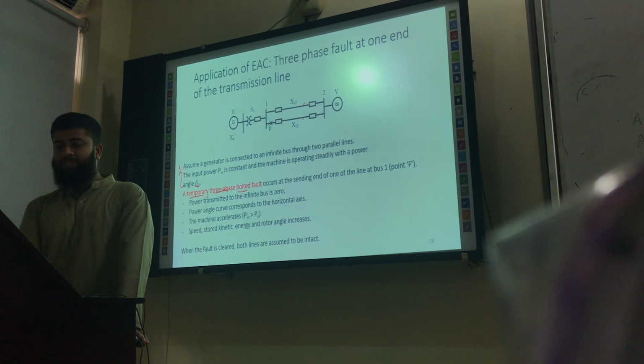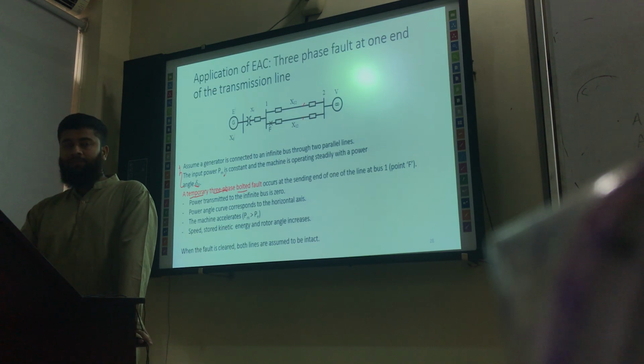So what does it mean by temporary? Temporary means the fault will last for a few seconds, and in the next moment there will be no fault. So what can be an example of a temporary fault? We can take the first example as the thunderstorm.